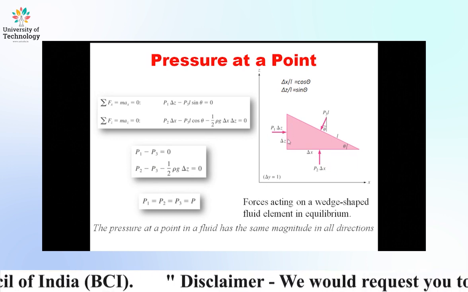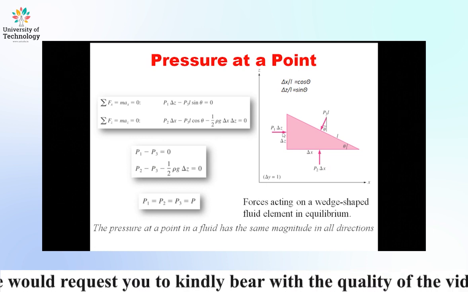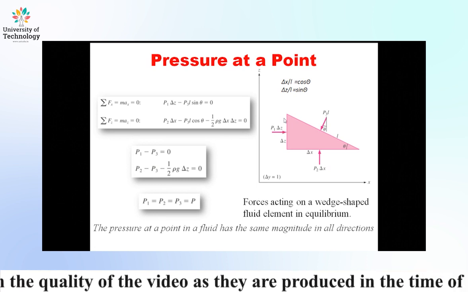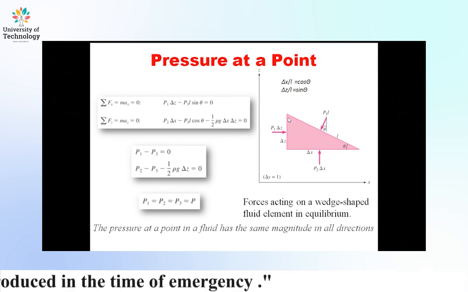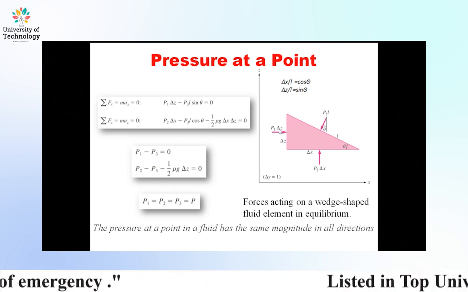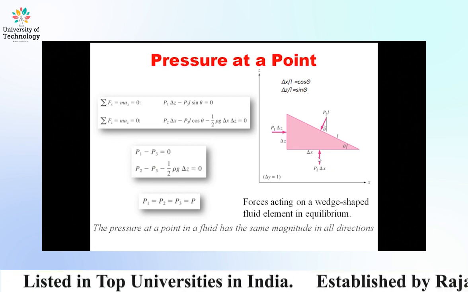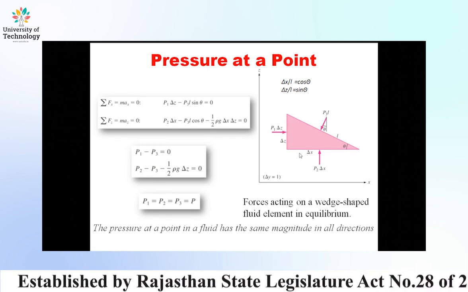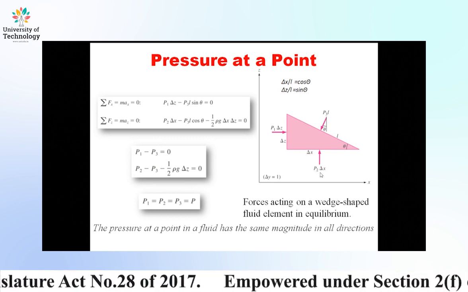Force is equal to pressure and the normal area. So delta z is the length for this, and delta y is equal to 1. So area is delta z into 1. So the force is P1 into delta z. Now at this point, delta x multiplied by 1, the area is delta x. So force is P2 multiplied by area, that is delta x.